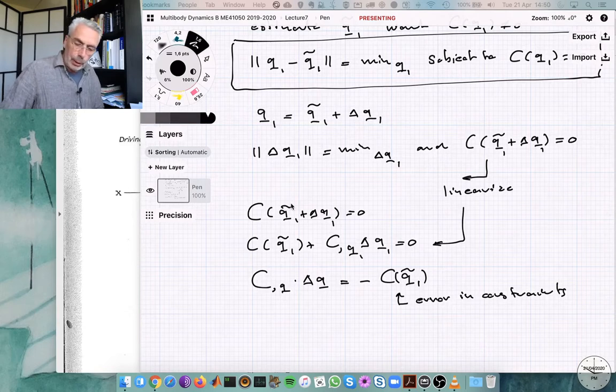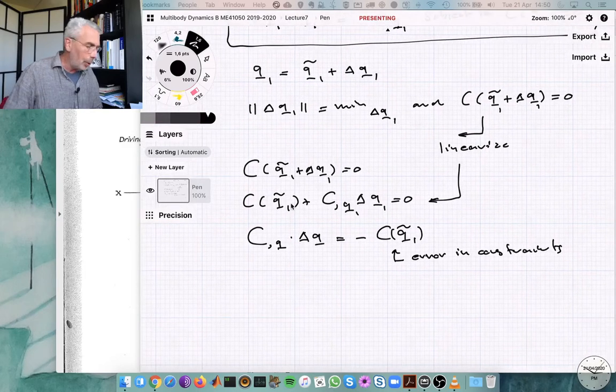Now to solve this whole minimization problem, subject to constraints, there's a standard terminology for that.